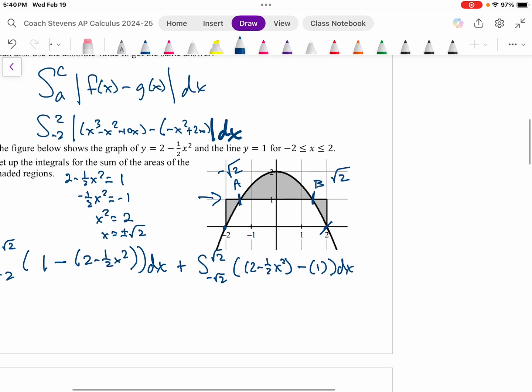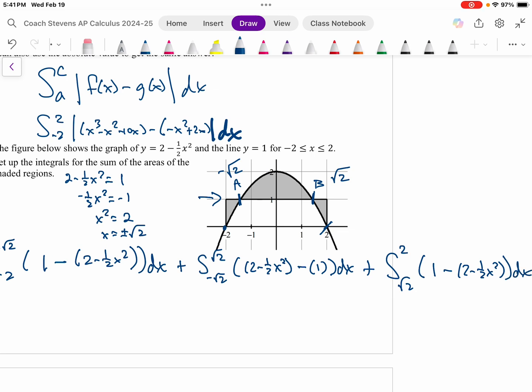And now I'm ready for the last part. Plus, back to using √2 to 2, and using the ones on top. So 1 minus the quadratic function, so 2 minus 1/2 x squared, and then all that dx.